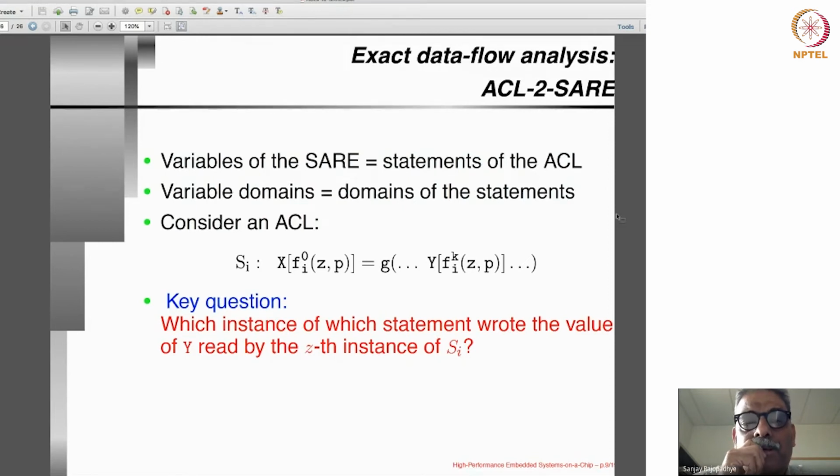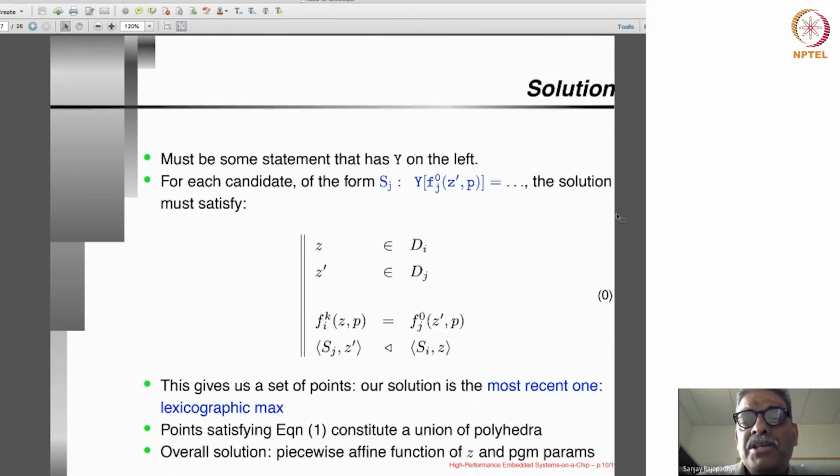So there are many statements in my program that have y on the left-hand side, and I consider them one by one. So let's consider some candidate statement Sj, which has y on the left-hand side, and it is writing to memory location f sub j superscript 0.